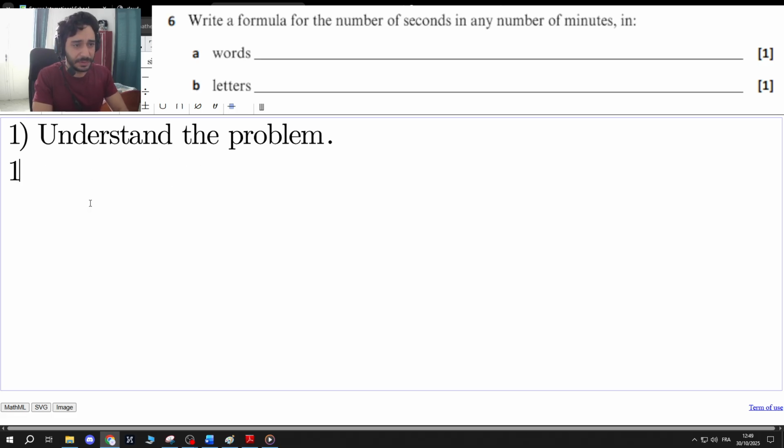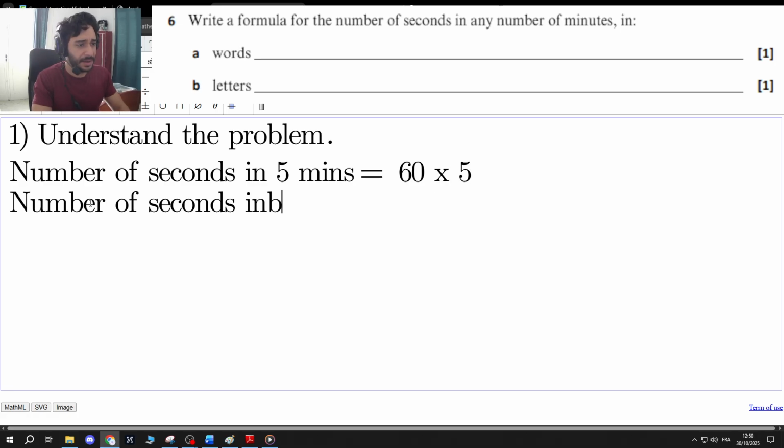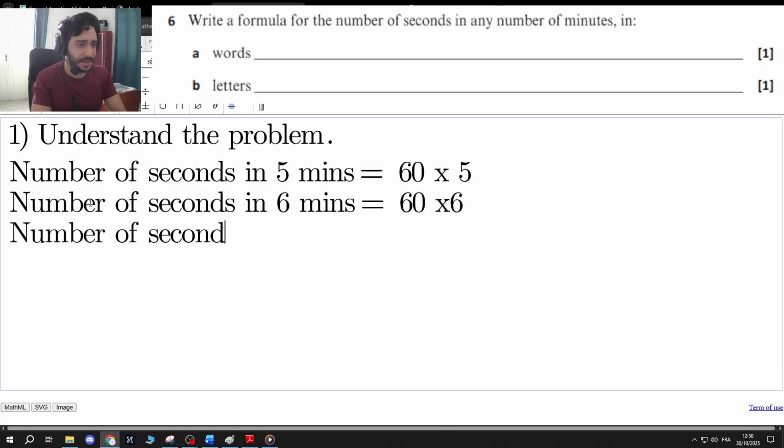So, what does that mean for us? That means the number of seconds in 5 minutes is 60 times 5, right? Number of seconds in 6 minutes is 60 times 6. Number of seconds in 7 minutes is 60 times 7, etc., right?